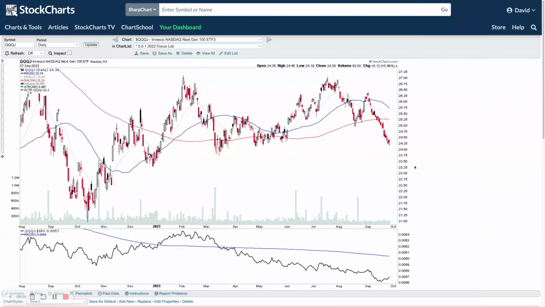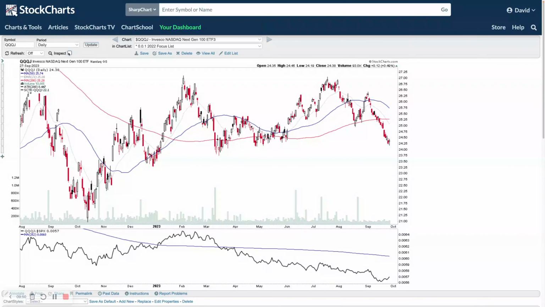It tracks more with the growth ETFs, like the IBD 50 and the ARK-K, those kind of indexes. So this is a good proxy when you're looking at the growth type stocks and the broader Nasdaq, because it's still a fairly good index to look at and quite liquid most of the time.